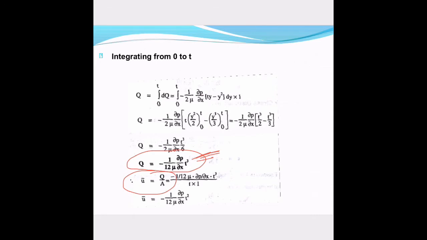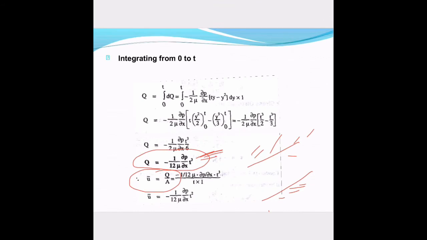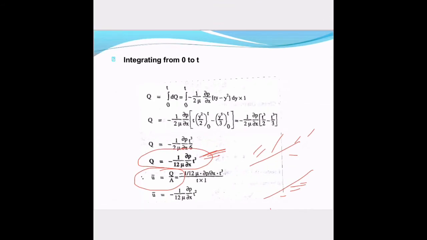Mark this equation as equation number 5. So, you have got the total discharge as minus 1 by 12 mu del p by del x t cube.